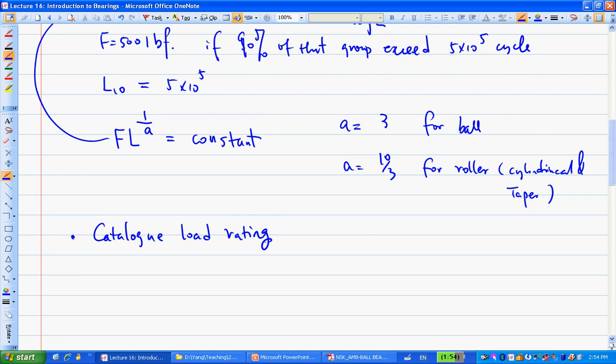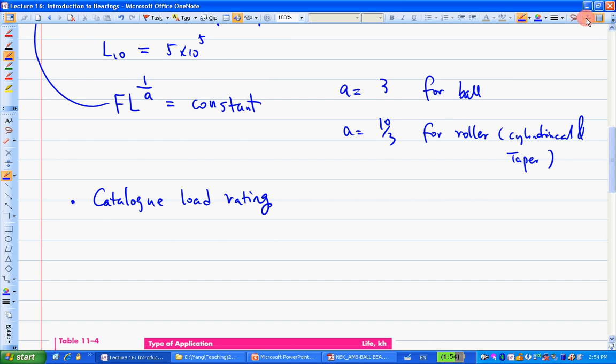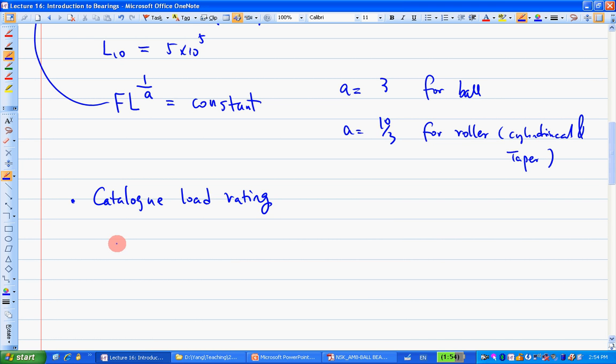The catalog gives you a rating life of 10 to the power of 6 cycles, 1 million cycles. So in the catalog, the L10 is 10 to the power 6.